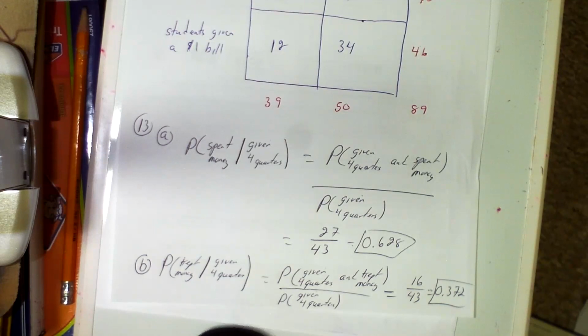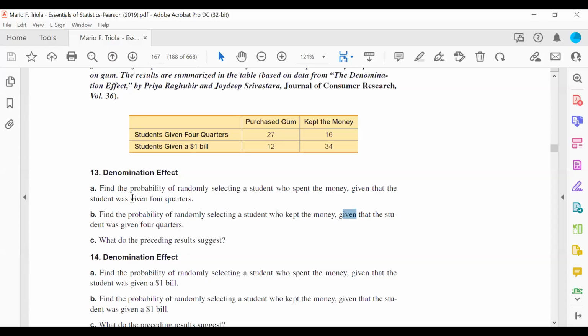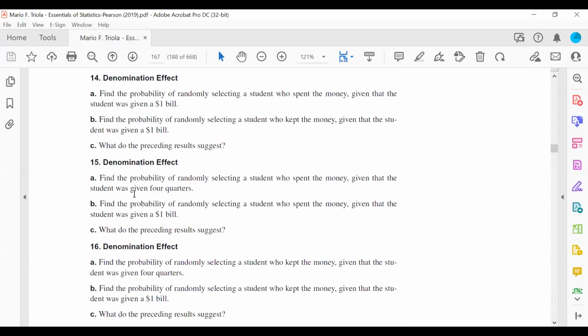So 15 says, find the probability of randomly selecting a student who spent the money.